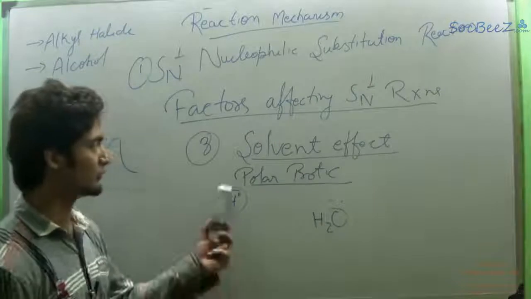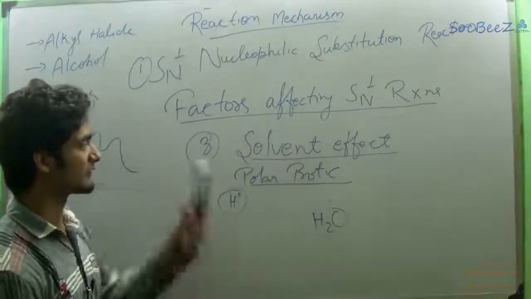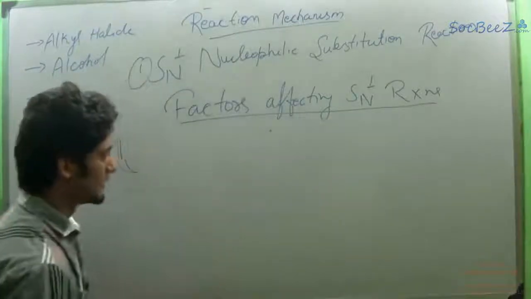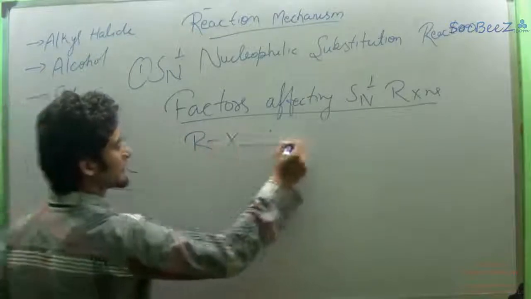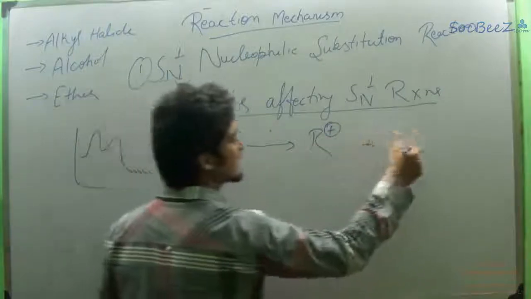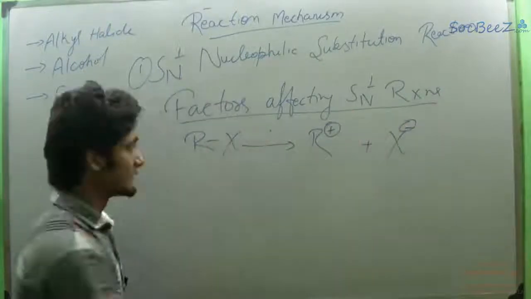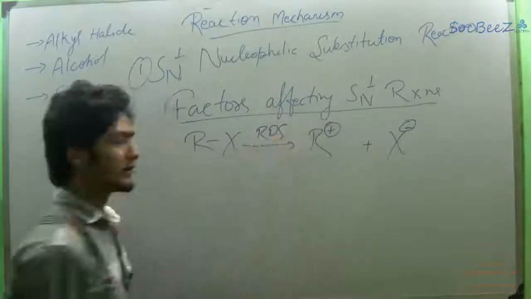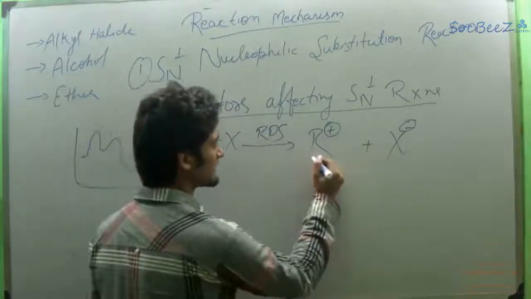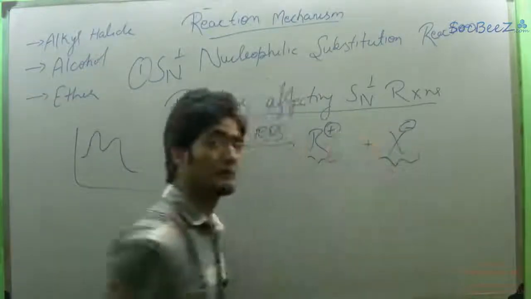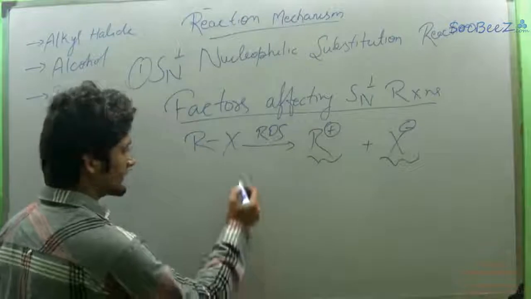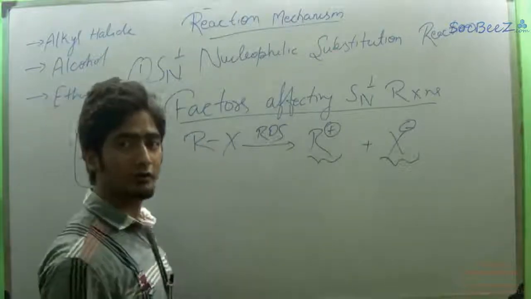We'll take the example of H2O and explain the solvent effect in the case of the SN1 reaction. So, in our reaction, in the first step, we have RX converted to R plus, that is the carbocation, and a negatively charged halide ion. And this is the rate determining step. So, for this reaction to go in the forward direction, we need to stabilize R plus and X minus. The best way to stabilize them is to have a polar protic solvent. Let's see what a polar protic solvent can do for us.